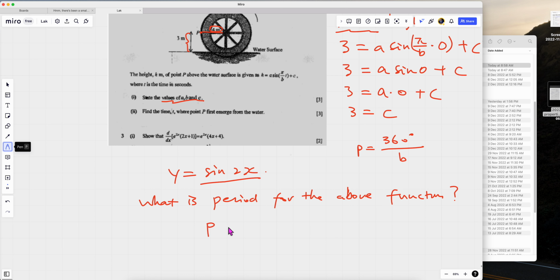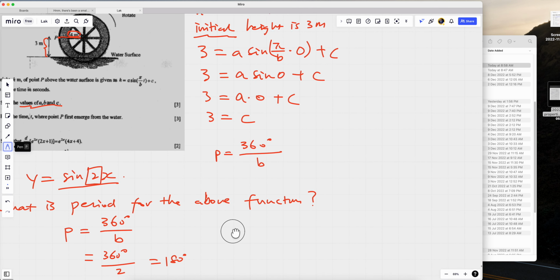So therefore the period is equal to 360 divided by b, right? In this case, the value b is whatever is in front of x. So please take note of that. So it's 360 divided by 2. So it's 180.